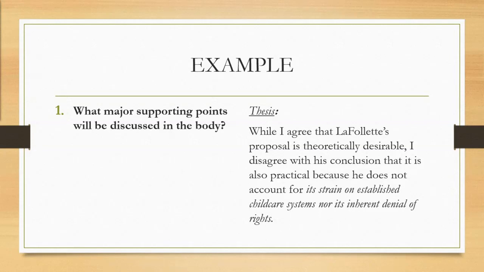So the context, the thing that is going to be used as support for us responding that La Follette's proposal is not practical, is that we're saying there's a strain on established childcare systems, or that there would be if we were to put this into place, and that there is some sort of inherent denial of rights. So that's probably going to be talking about the right of parenthood, okay, or reproductive rights.